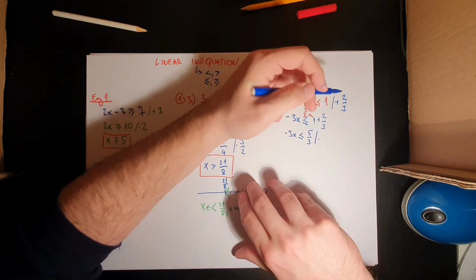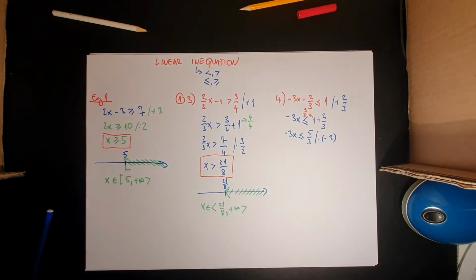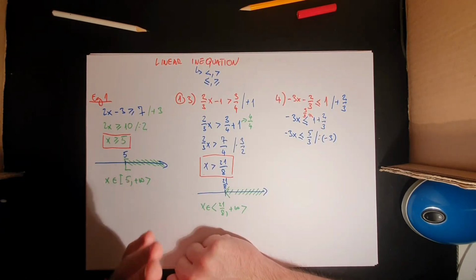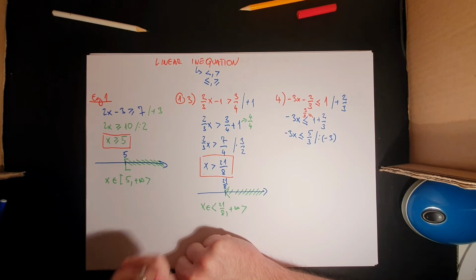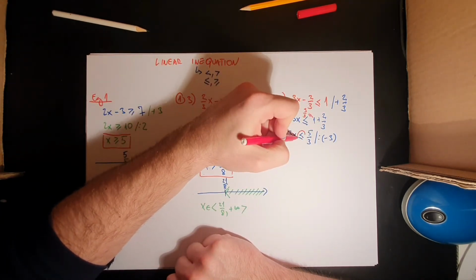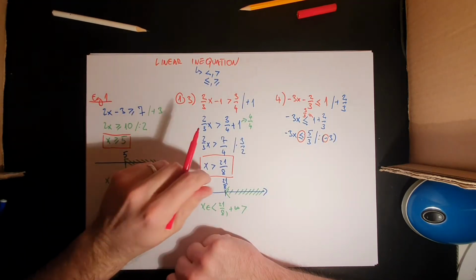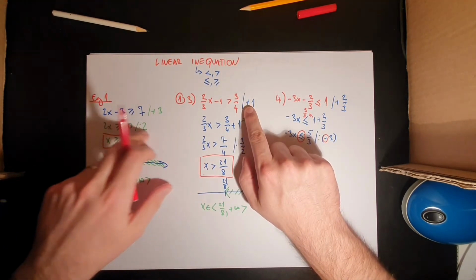And now is the time to multiply everything with minus 3. Divide. Now, when we're dividing or multiplying with a negative number, we have to watch out that the inequality itself is going to change because of the multiplication. This is not the case with addition or subtraction.